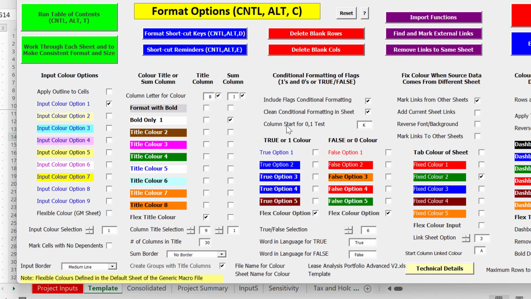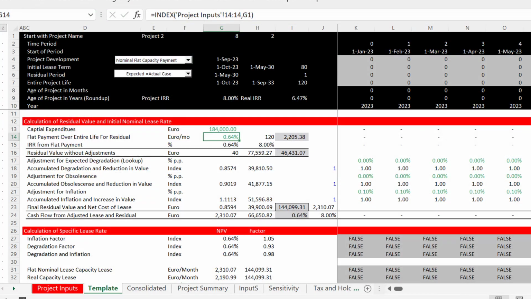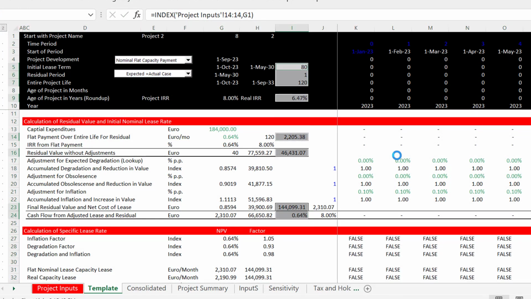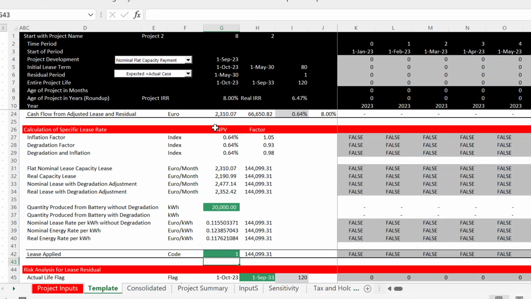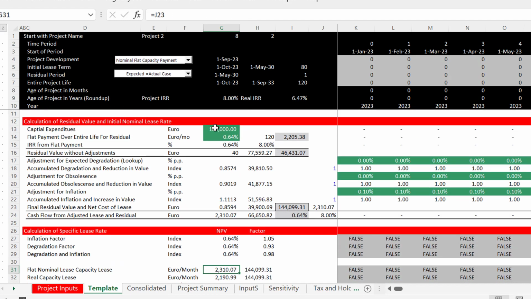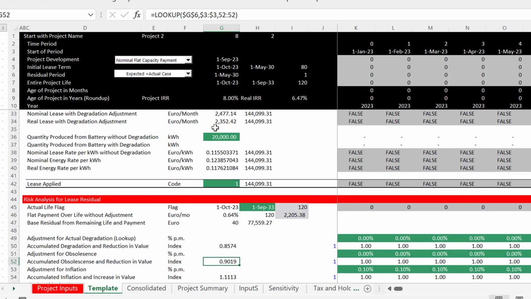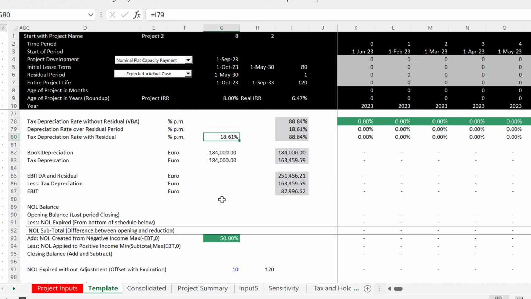Last time I reversed the font to really dramatically show exactly which inputs come from a different sheet, so there's no doubt anymore about that. We get different inputs from these green ones. They all come from the index function, and you put the project in. Just to remind you, sorry to be redundant. You can turn off your video if you don't like it.